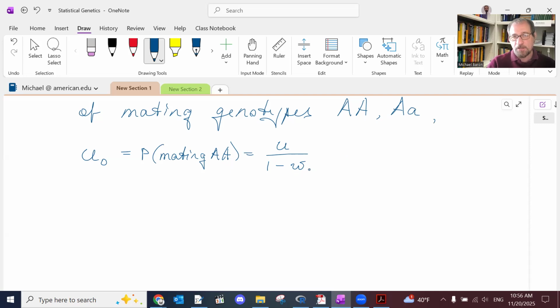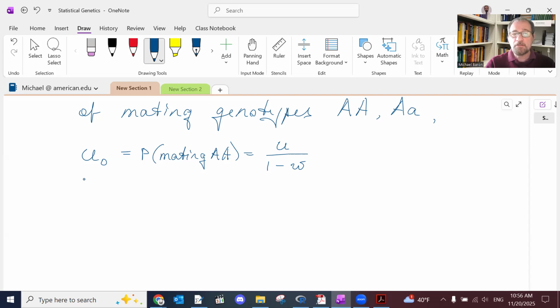That's the condition. We divide by the probability. Remember, conditional probability has the probability of the condition in the denominator. So we divide by the probability of the condition, the probability of not allowing recessive homozygotes with probability W to mate.